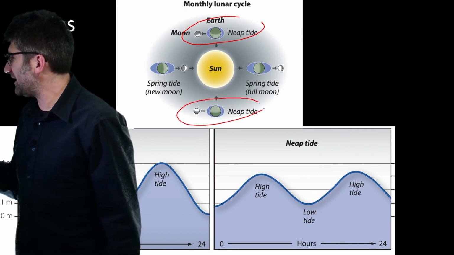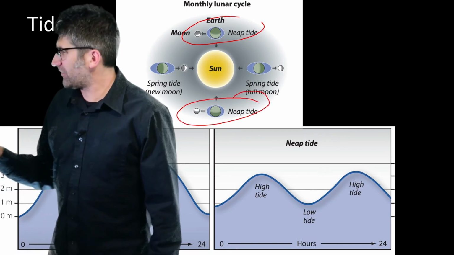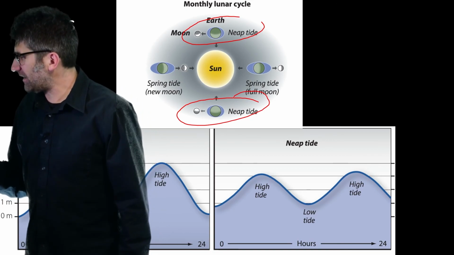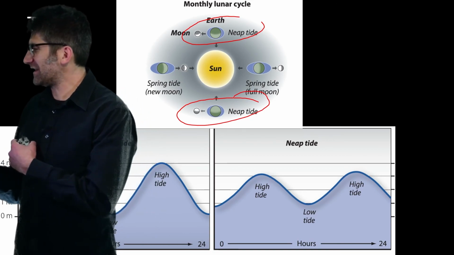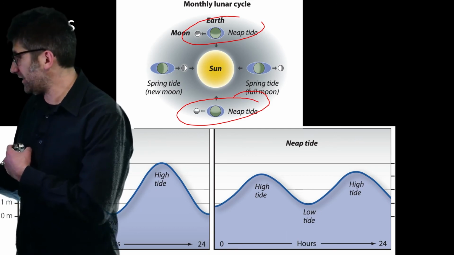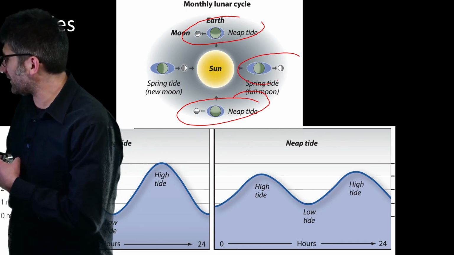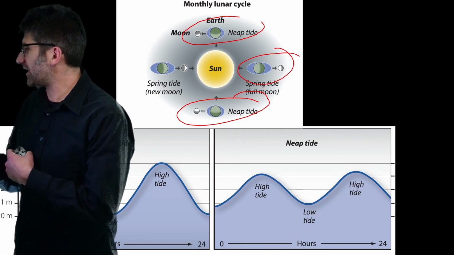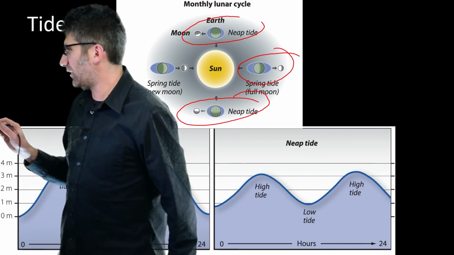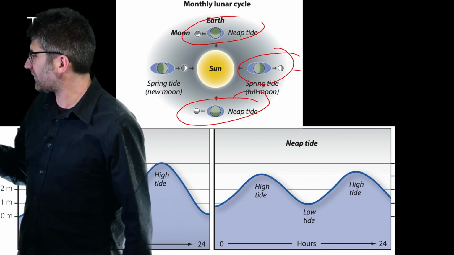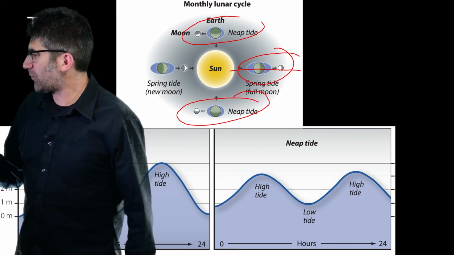When we have neap tides, the moon's gravity is acting 90 degrees from the pull of the sun, whereas when we have spring tides, the moon and the gravity of the sun are acting in parallel. Because it's an additive force, you end up with higher tides.